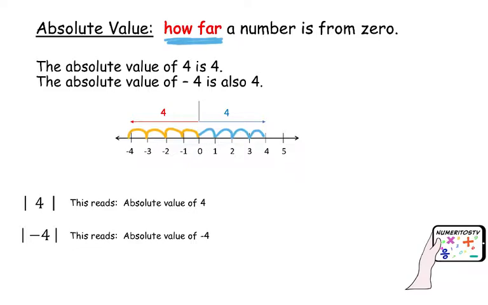Also, you are going to see numbers between these vertical lines. These vertical lines mean absolute value. So for example, this reads absolute value of 4. If you see a 4 between those vertical bars, this reads absolute value. This one reads absolute value of -4.